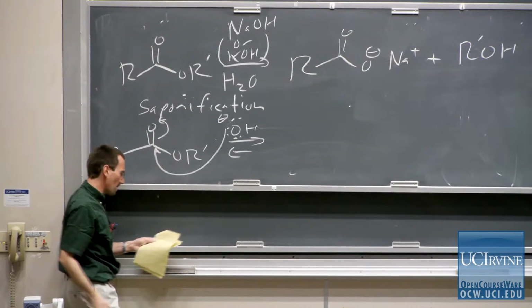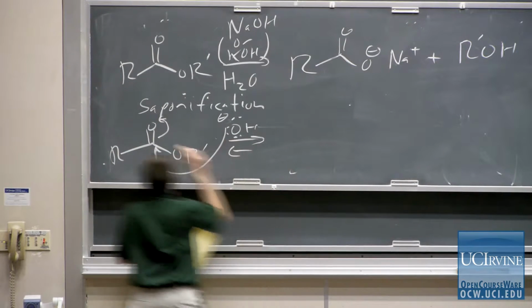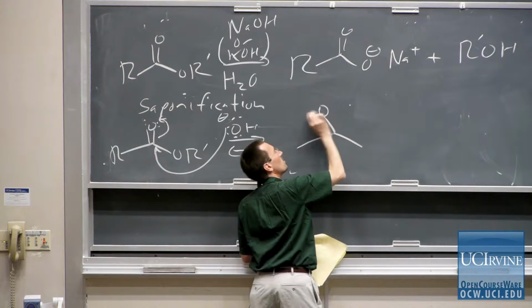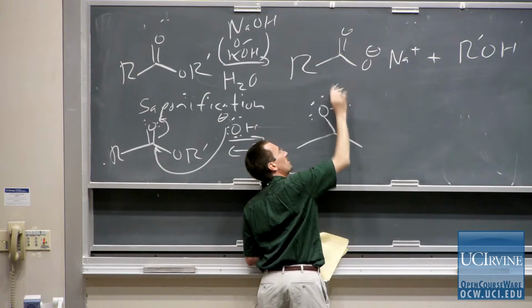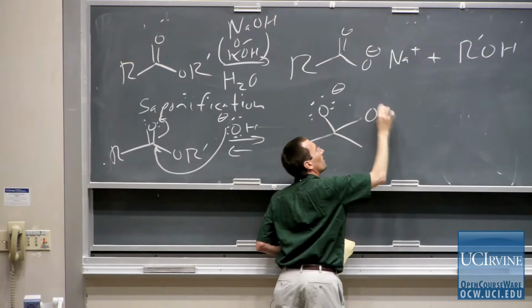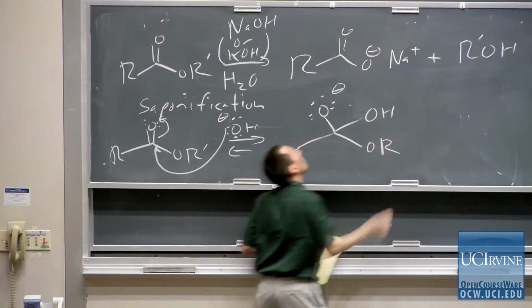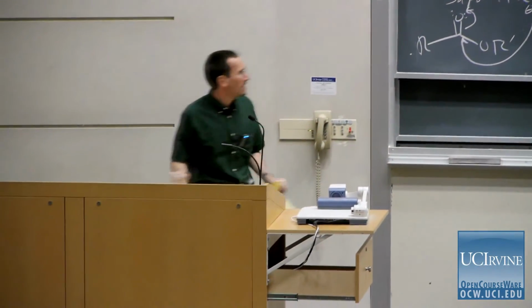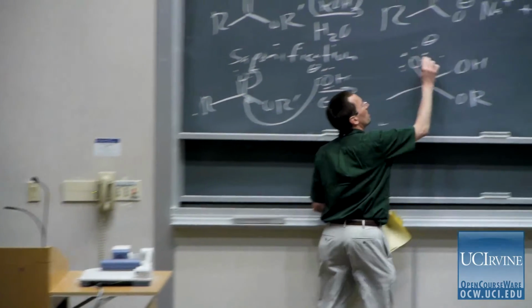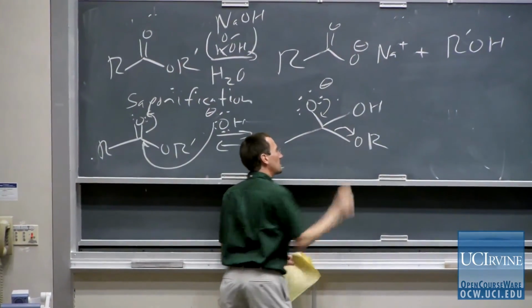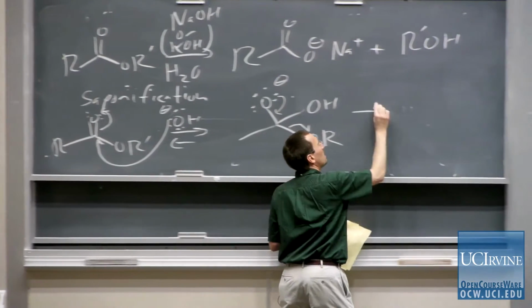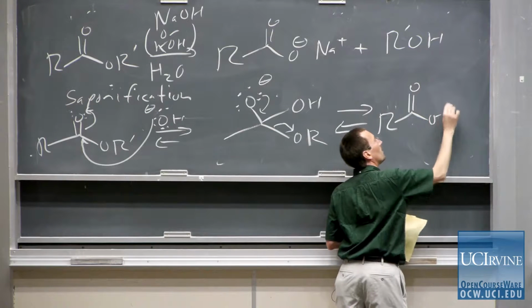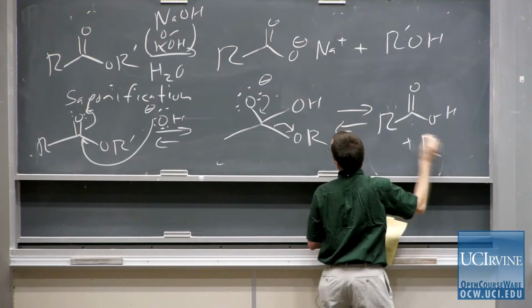It attacks our carbonyl. I'll give you a little bit of an abbreviated mechanism here, only showing relevant lone pairs. We get our tetrahedral intermediate. Our tetrahedral intermediate is going to break down. It kicks out the OR group, and again, I'm just skipping a few lone pairs here. This gives rise to the carboxylic acid plus the alkoxide.